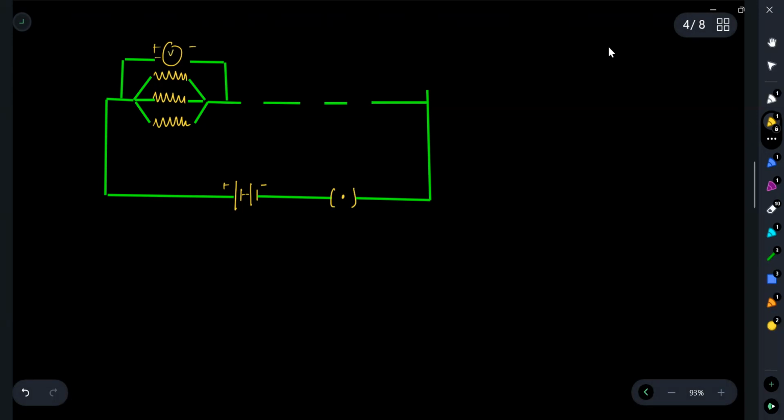So voltmeter, then we have an ammeter. Then let's say we make a bulb here and maybe another resistor here. Every time we have a resistor, they are rated. For example, this is 2 ohm, this is 2 ohm, this is 3 ohm, this is 5 ohm. Okay, positive, negative. This is giving you the current reading. So this shows the current flowing through the circuit. This is showing you the potential difference across the terminals.